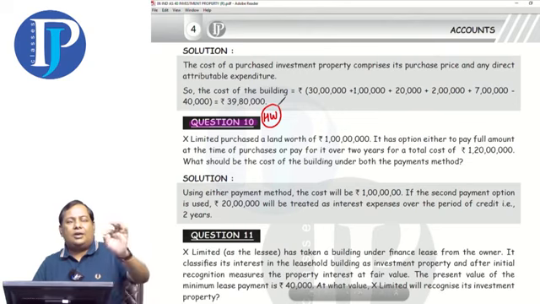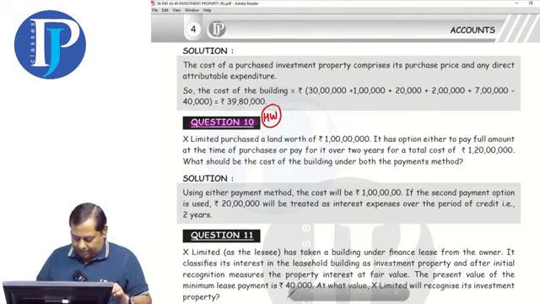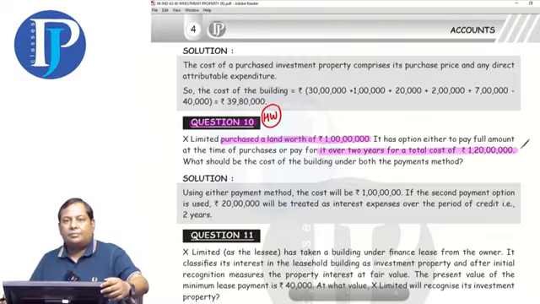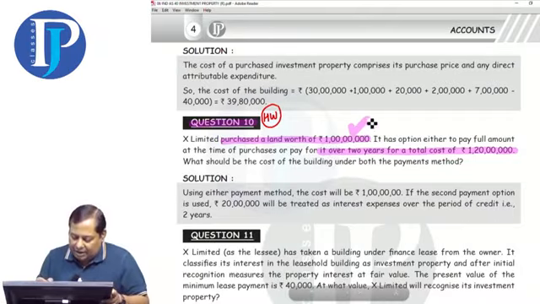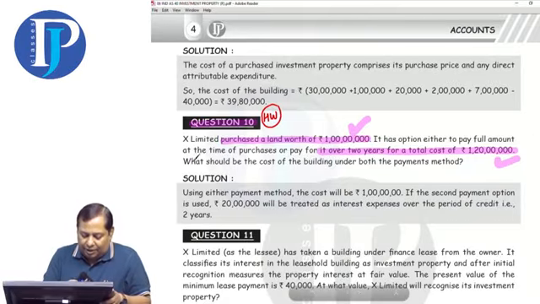There's nothing to do. You just need to tell a note. What will we do with the interest? For example, you have purchased a piece of land for 1 crore, but you have to make the payment after 2 years, and that payment is for 1 crore 20 lakh. Then what is this 20 lakh rupees? This is your interest.